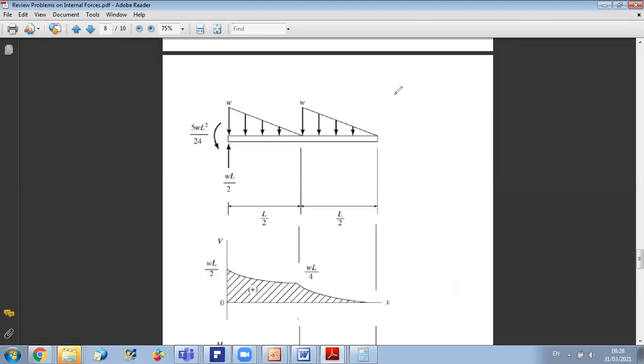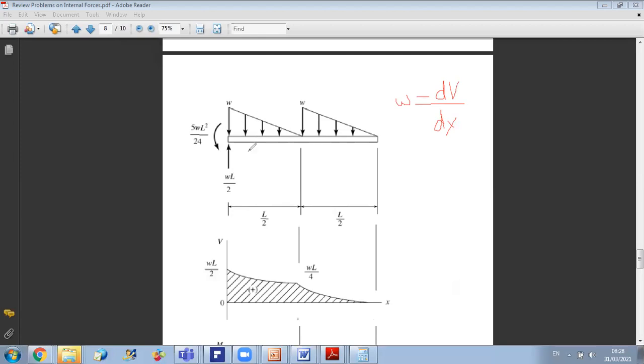Why? Because omega is dV by dx, so omega represents the slope of V. If omega is constant, V is linear. If omega is linear, V is second degree. Always, the degree of V is the degree of omega plus 1.